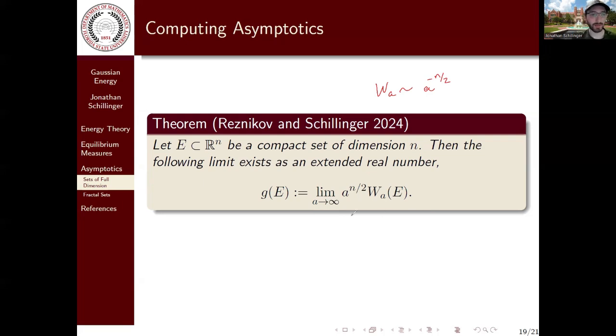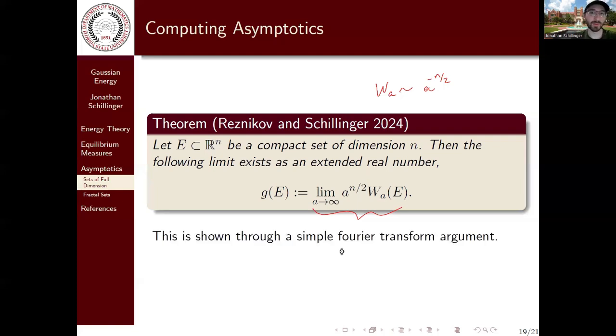That's the same thing as saying that this limit exists. The way this is proven is through a simple Fourier argument, and this only gives us that the limit is increasing in A, so I know the limit exists as an extended real number. You need a little bit more than just having the same ambient dimension. You also need a little bit of a smoothness condition on the boundary in order for this limit to be finite as well.